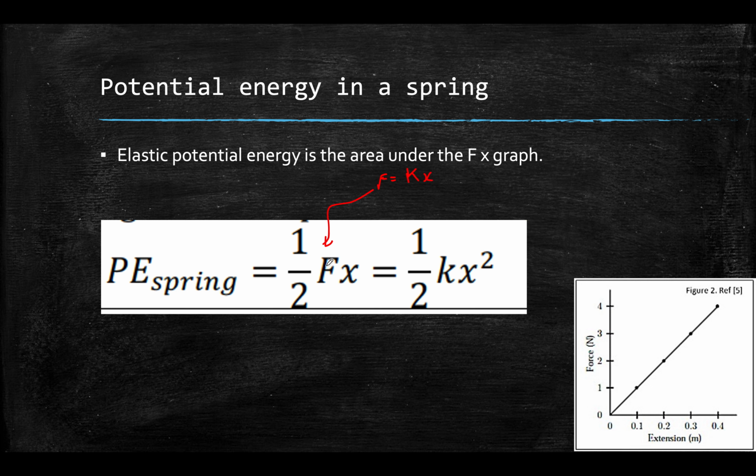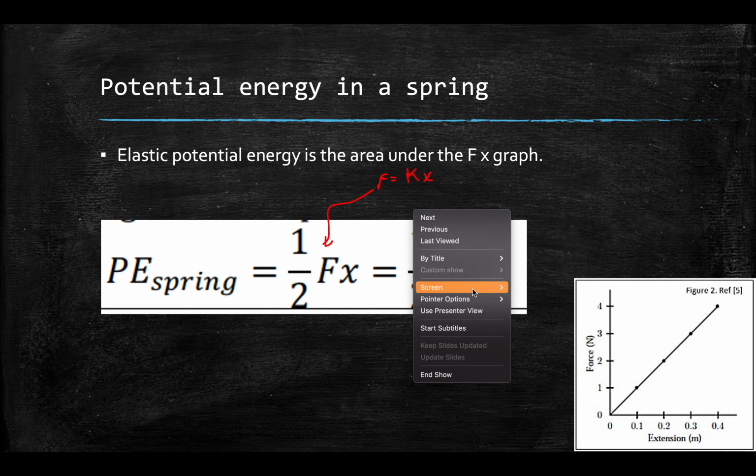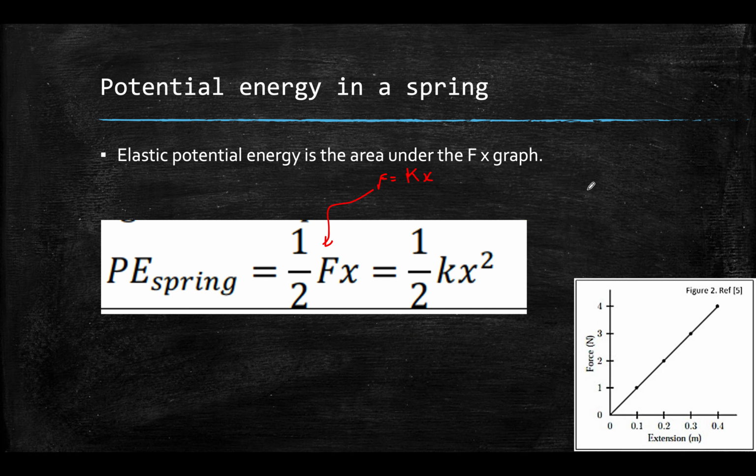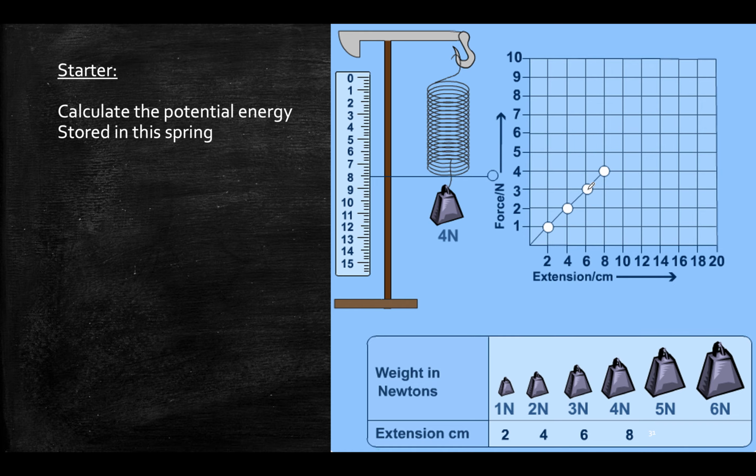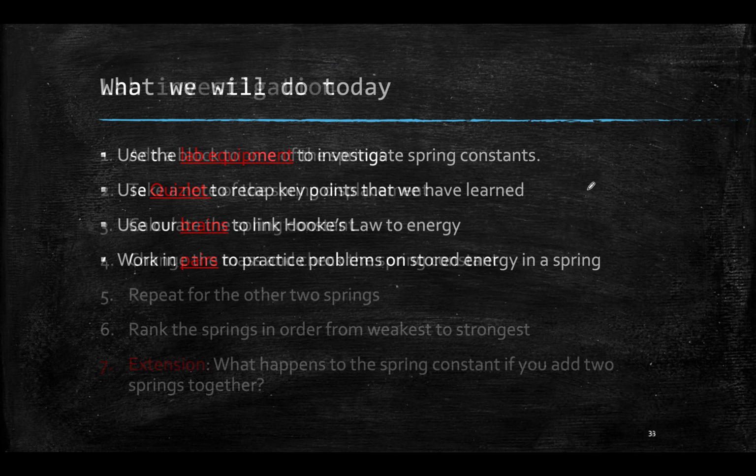So you can put kx multiplied by x. x times x is x squared. So you can do a half Fx or a half kx squared. This second part is very useful if you did not know the force. So that will be very handy for you to find the potential energy. Okay? Very good.